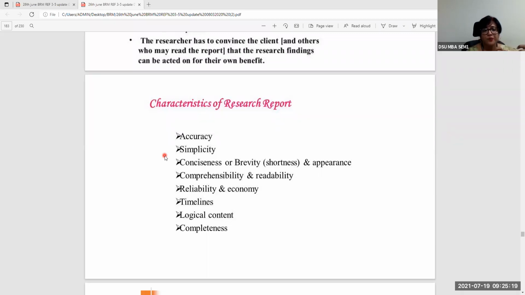So using simple language and trying to convey it in as short a method as possible without compromising the content of the research. The next is the comprehensibility and the readability.